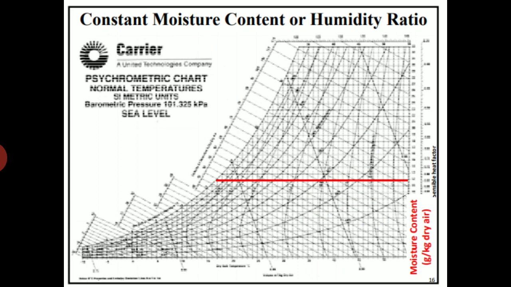Whatever the chart provided to you, use the same units. Fine. So all the horizontal lines are called humidity lines or humidity ratio.